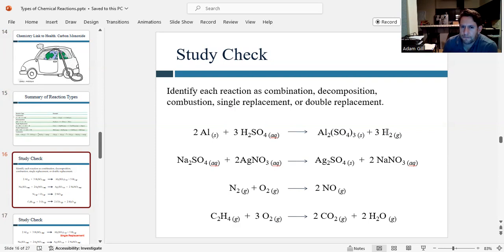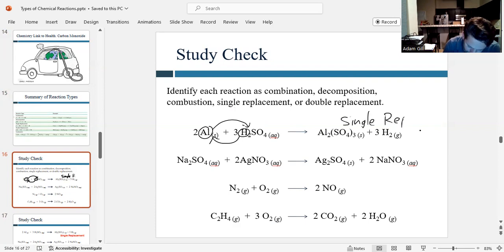So the first one here. It looks to me like the aluminum is replacing hydrogen. So I think that's a single replacement. On the second one here, I have two compounds, and the sodium and the silver are switching places.